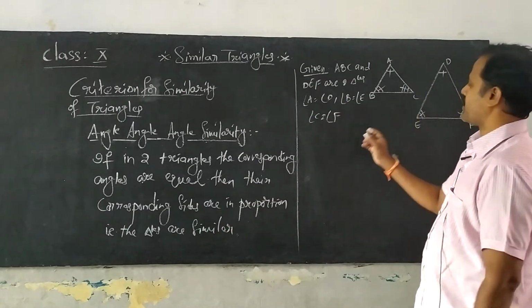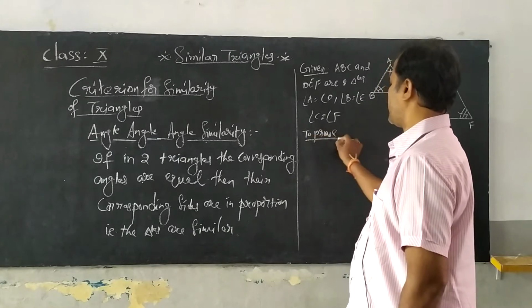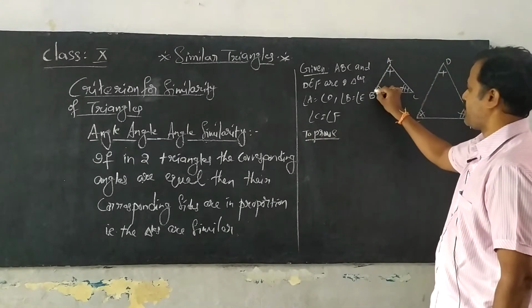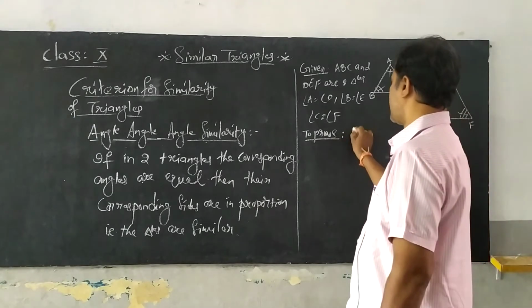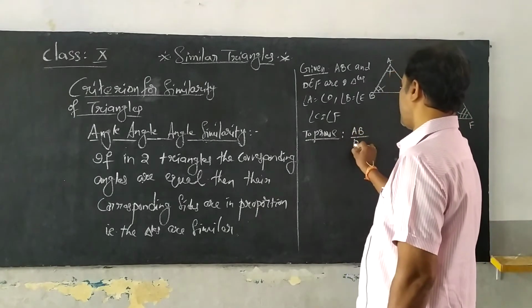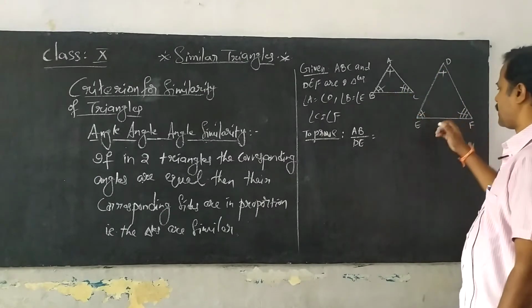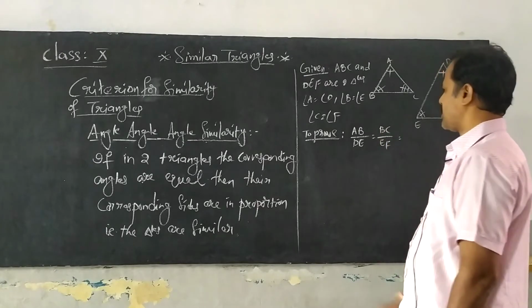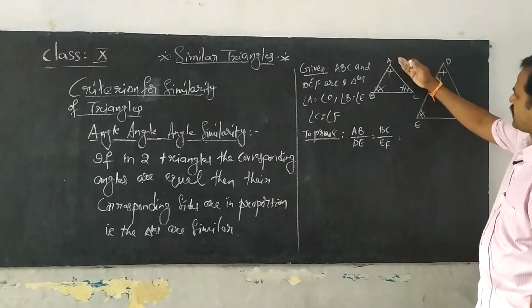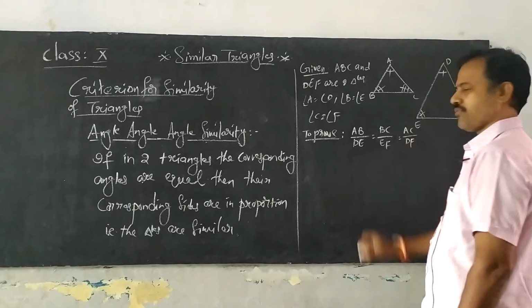So what are the corresponding sides we need to prove? AB, its corresponding side is DE. So you write AB by DE is equal to the corresponding side BC by EF, which is equal to the next corresponding sides AC by DF.